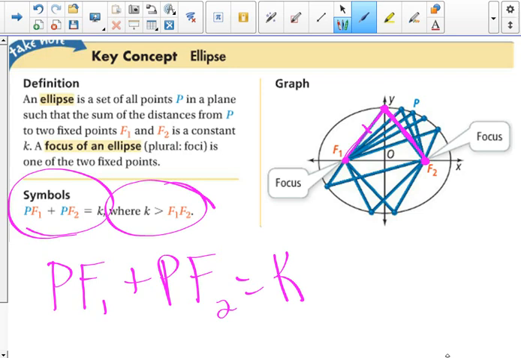And then if we pick another point on the ellipse and we add the same distance to those two focus points, it's going to be the same. No matter what point we pick, it's going to add up to be the same number. Okay, which is that constant they're talking about, K.